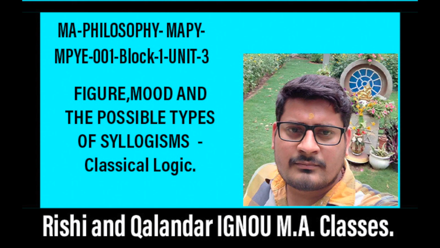Suppose that only O propositions comprise an argument, then the mood of the argument is said to be OOO, triple O. Similarly, a syllogistic argument with a mood of OAO has an O proposition as its major premise, an A proposition as its minor premise, and another O proposition as its conclusion, and EIO has an E as its major premise, an I as the minor premise, and an O as the conclusion, etc.